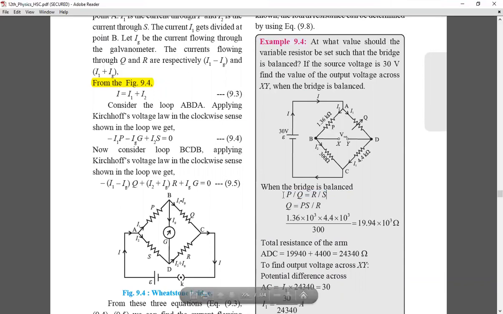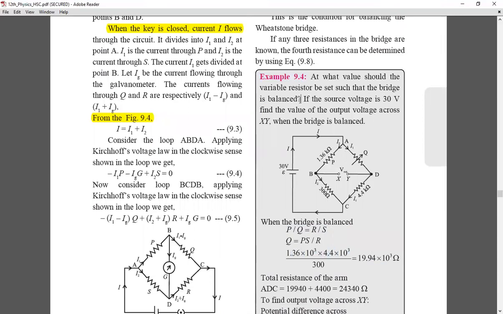In the problem it is assumed that the bridge is balanced, and by putting the values of P, S and R we determine the value of Q. So the first part of the problem is solved. What is the other part? If the source voltage is 30 volt, find the value of the output voltage across XY.